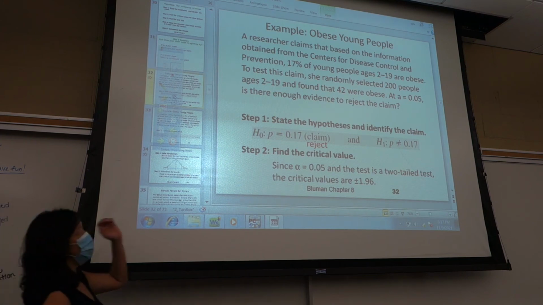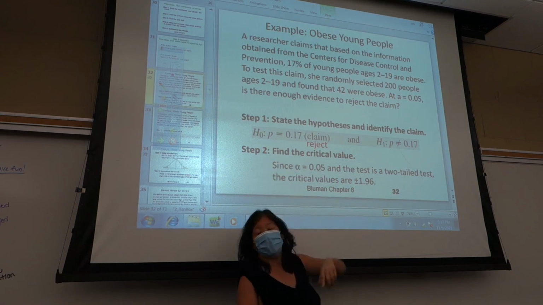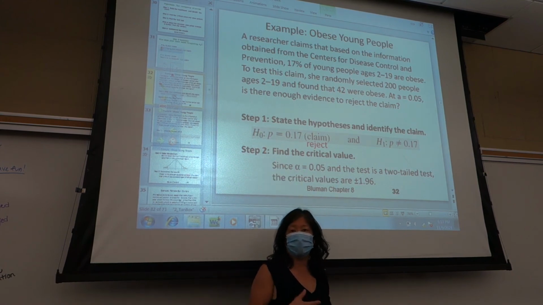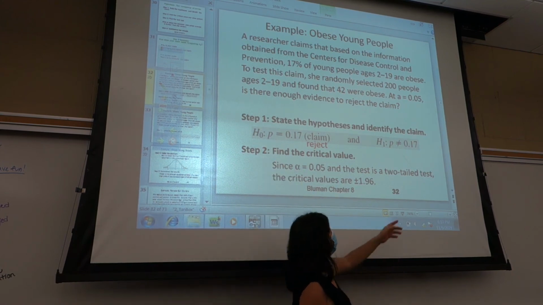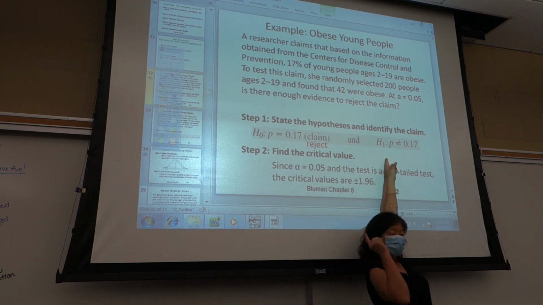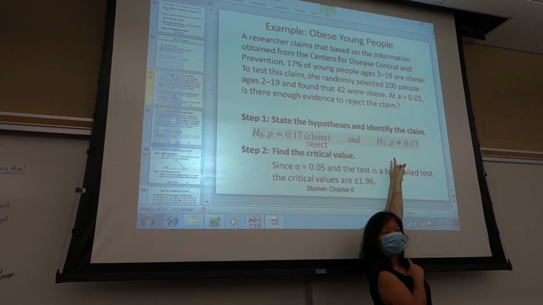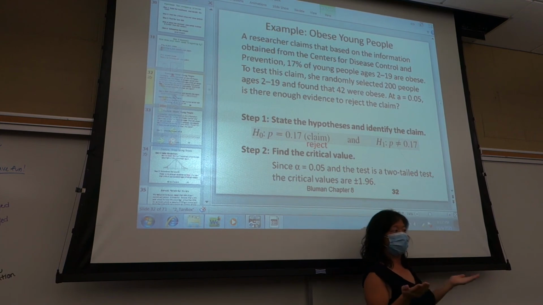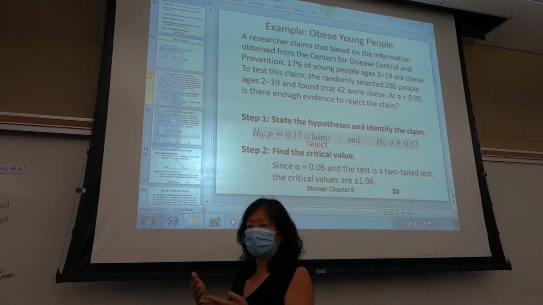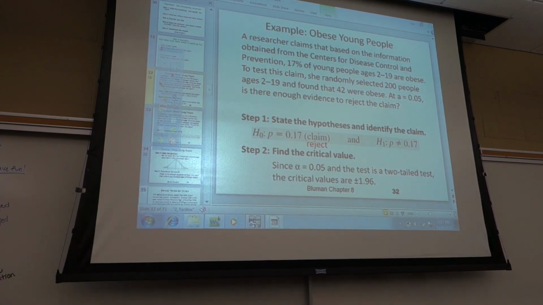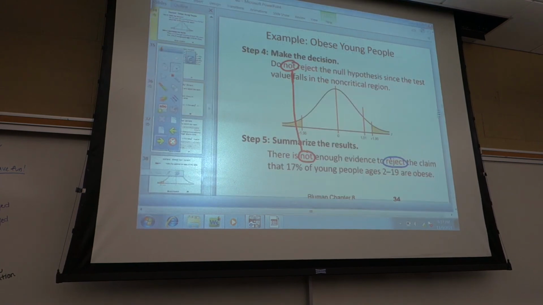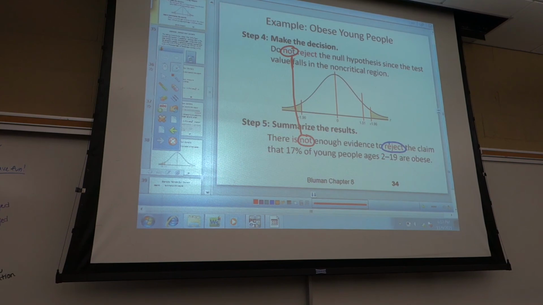So if your claim is H naught, you're not going to support them. You're going to reject them. If your claim is H1, they're number 1 in your heart. You're going to support them. Good? Makes sense. Okay. So here, because our H naught was our claim, we're going to use the word reject here.